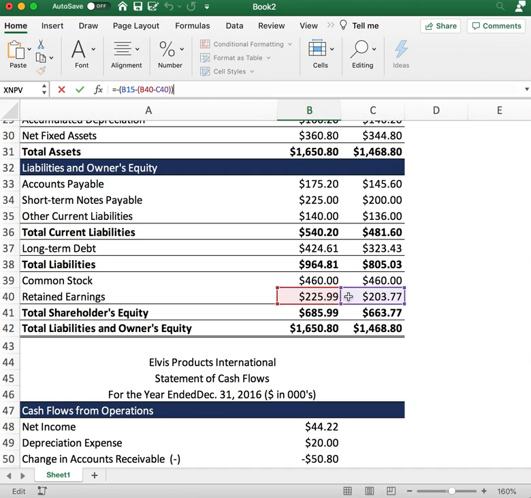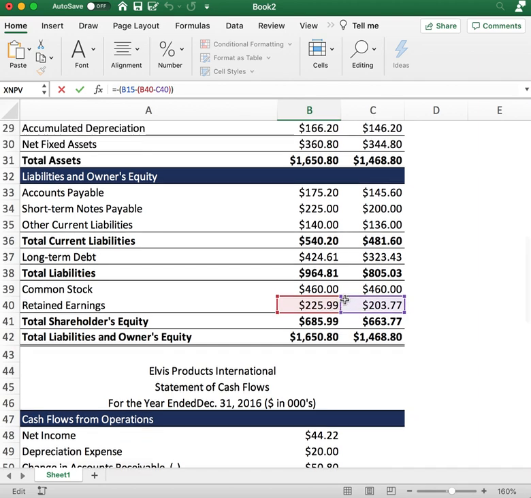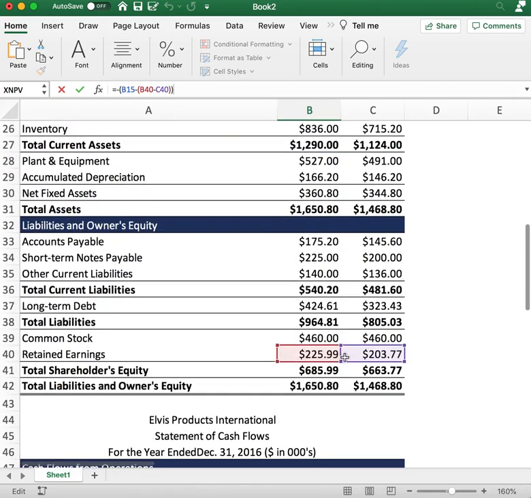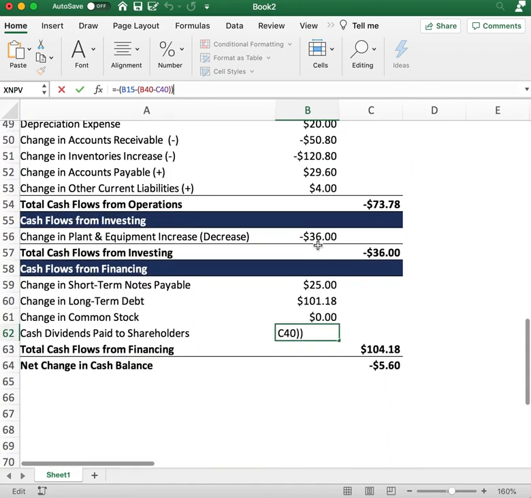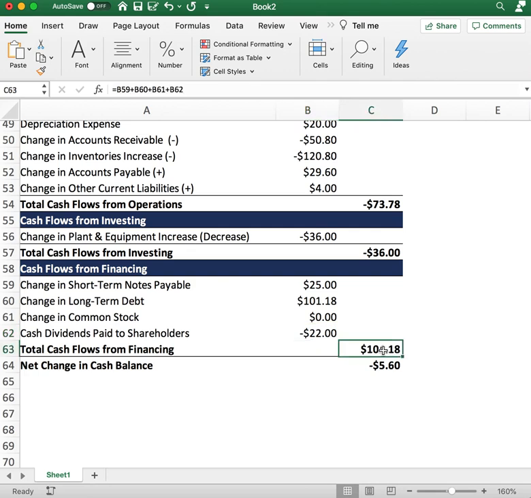So you want to take the difference of this and subtract it from the net income, because the difference of this is the money that was paid out, and so you're going to subtract the money that was paid to shareholders from the net income, and we're entering this as a negative number because the company is paying the shareholders this cash. So it's leaving our accounts and it's going to shareholder accounts. So that's going to show up as a negative cash flow, as a cash outflow, and then that gives us our total cash flow from financing.